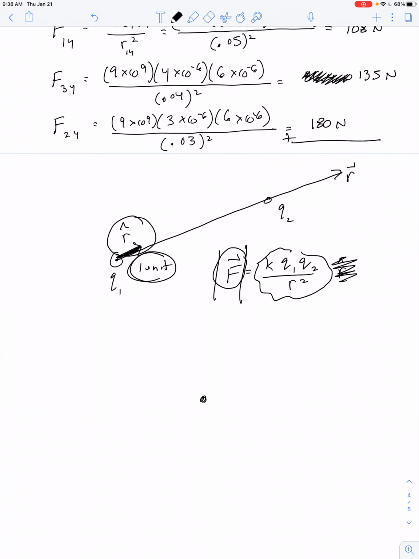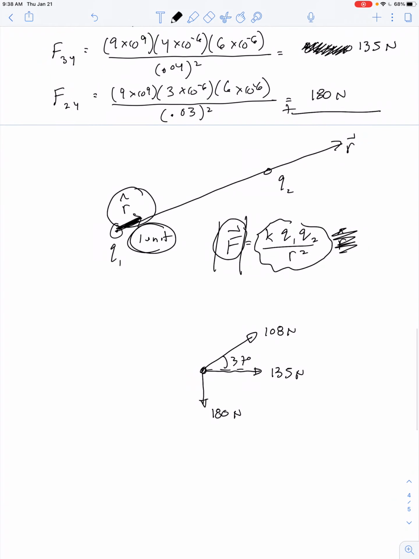If we relate this back to our free body diagram, we've got a vector at an angle of 37 degrees whose magnitude is 108 newtons. We've got another vector pointing to the right whose magnitude is 135 newtons, and then another vector pointing straight down with a magnitude of 180 newtons.